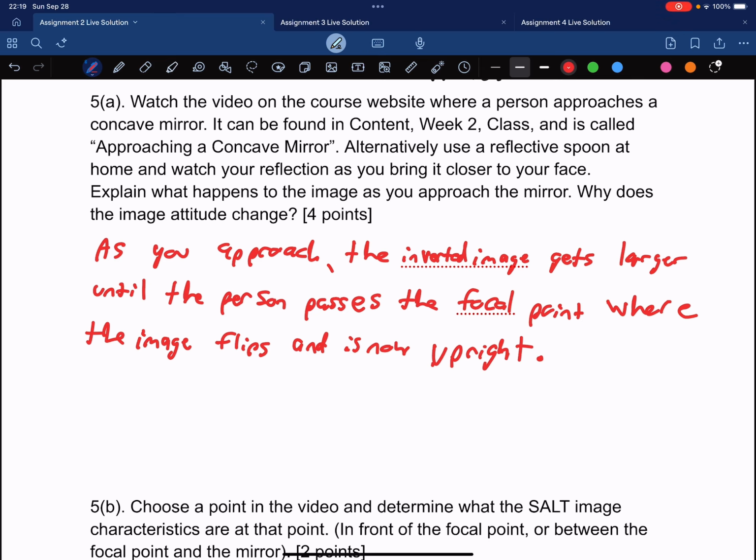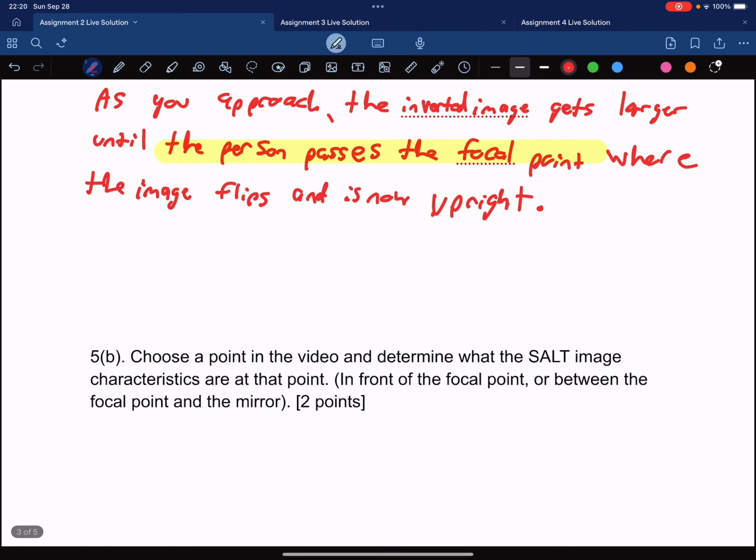The reason the image attitude changes is because the person passes the focal point. So, why does the image attitude change? The person passes the focal point. That's what I was looking for there.